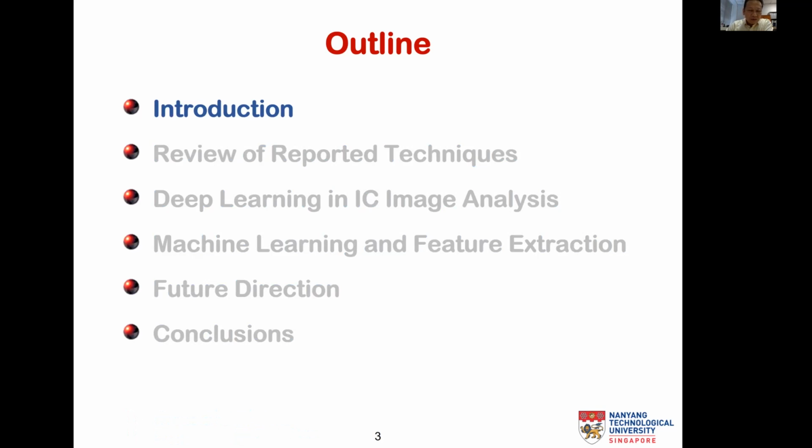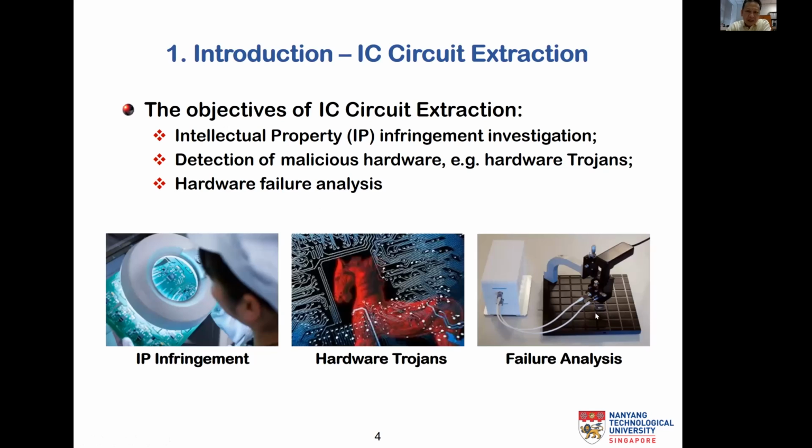So let me go through the introduction with you. The purpose of this IC extraction actually has three objectives. The first objective is to protect intellectual property. It allows us to do an IP infringement investigation through this circuit extraction. Second, it also allows us to detect malicious hardware.